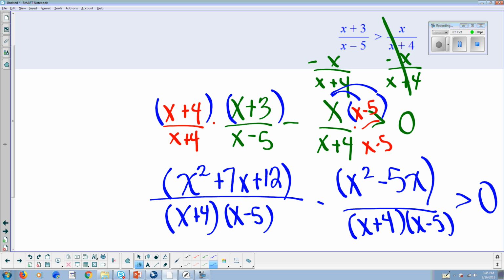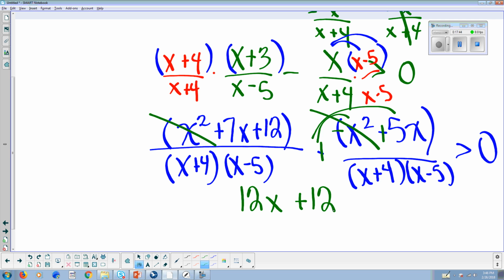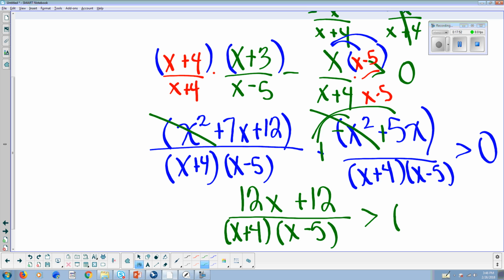Okay. So now we can distribute our negative. So distributing our negative in, this becomes negative x squared and plus 5x. Combine the like terms. X squareds cancel. 7x plus 5x is 12x plus 12, all over x plus 4, x minus 5 greater than 0.